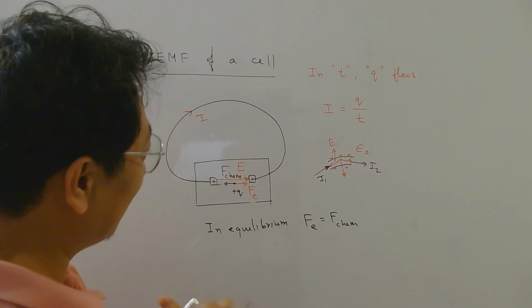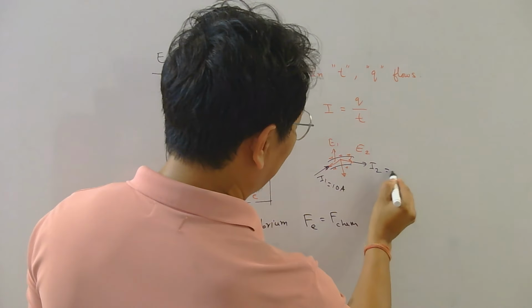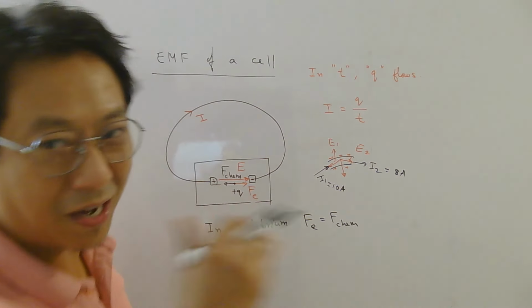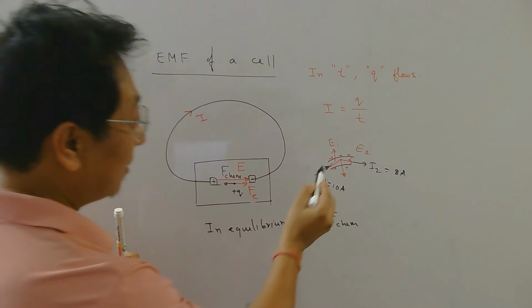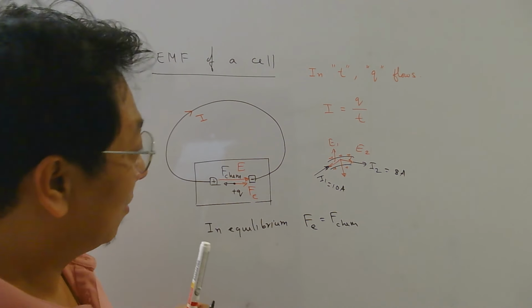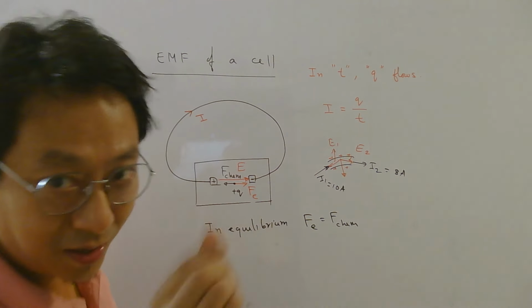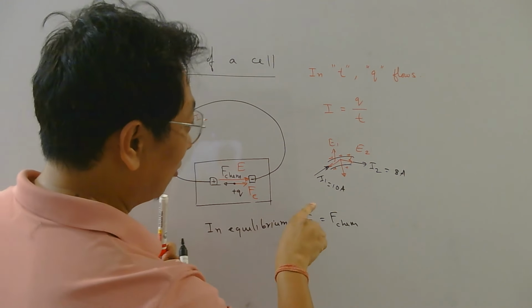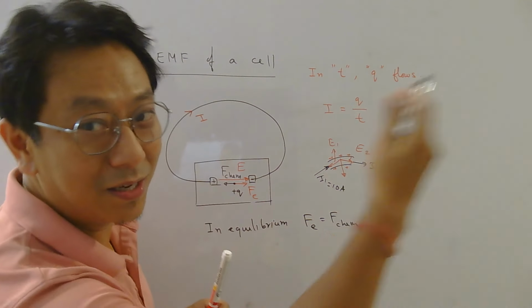So initially, if this was 10 ampere and this was 8 ampere, just at the start, remember, when steady state has not reached, then these surface charges will be developed on the wire, so that it will create an internal electric field which will make sure that this current is decreased and this current is increased.